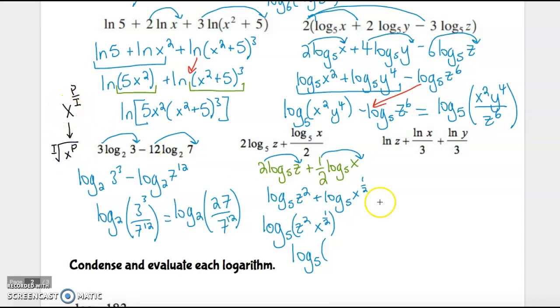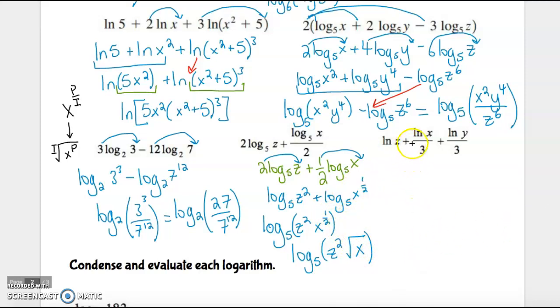So if I have, for this example, x to the 1/2 power, I'm going to do the square root, because that's my index, the square root of x. So I still have that z squared, that was still there. And then instead of writing x to the 1/2, it's the square root of x to the 1st power. So that's your final answer for that one. So it's kind of nice because we're practicing our exponential expression stuff as well, at least with fractional exponents.